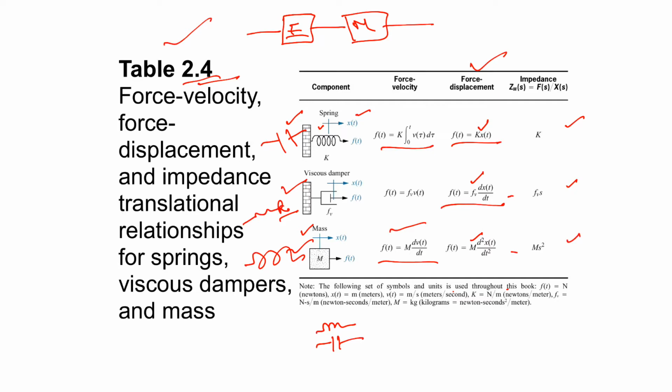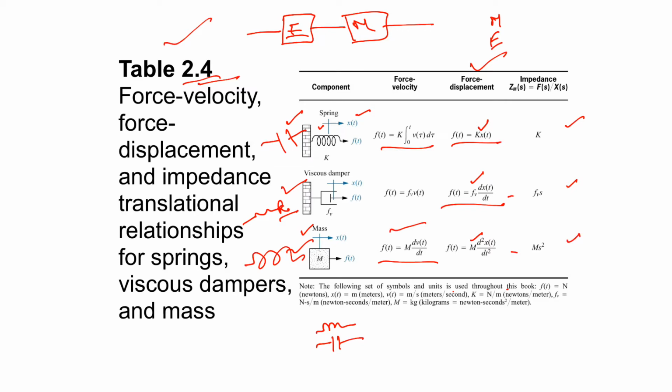The summing forces written in terms of velocity are analogous to the summing voltages written in terms of the current, and the resulting mechanical differential equations are analogous to electrical differential equations.